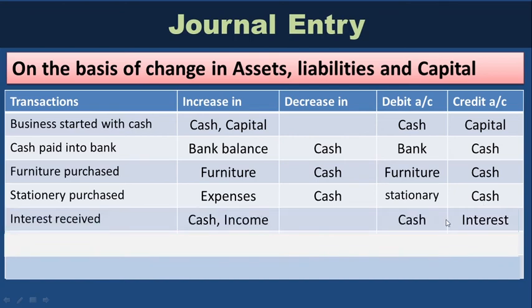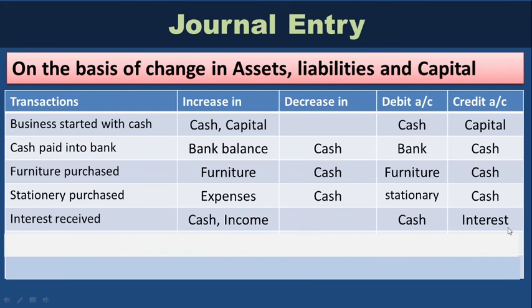Interest received. Here, the affecting accounts are the cash account and an income account. Cash is increasing as well as income is increasing. When the cash is increased, it is debited. When income is increased, income is credited.